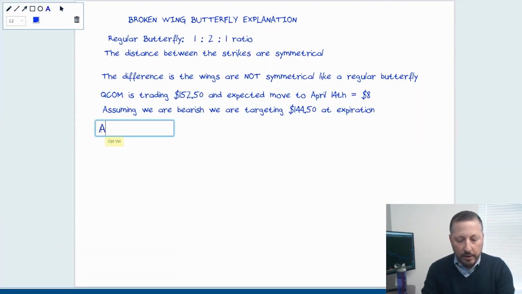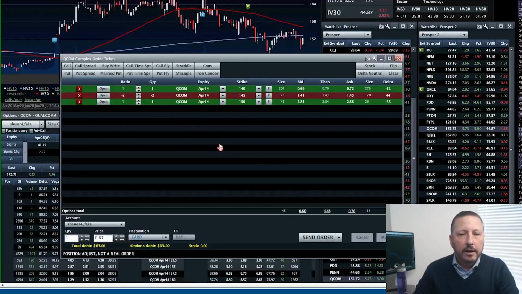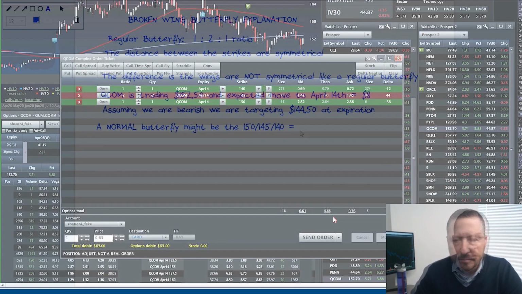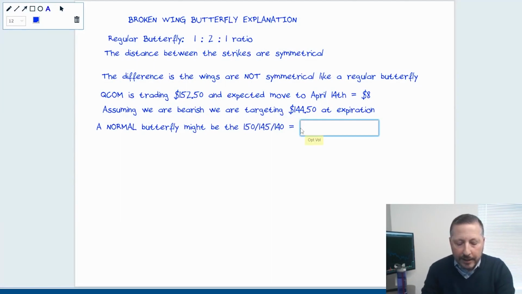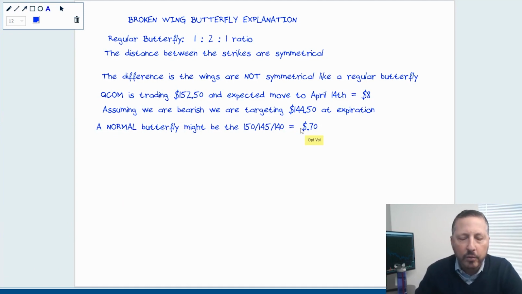So a normal butterfly might be the 150, 145, 140, and we could do that, you could see, for right around 70 cents. Again, we're trying to hit the nail on the head. We're trying to pin the tail on the donkey, right?